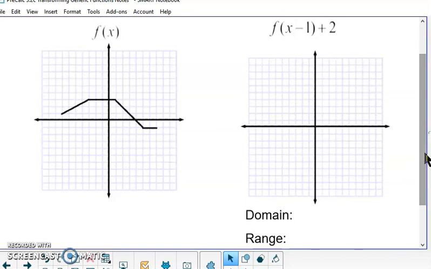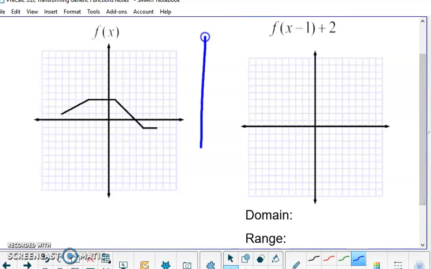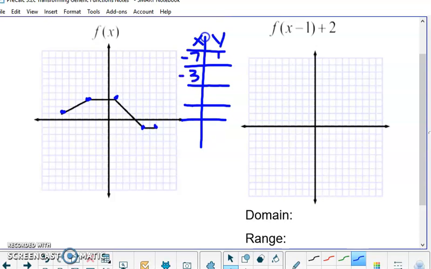Once again, we're going to take critical points, now this is the same graph. So it is negative 7, 1, negative 3, 3, 1, 3, 5, negative 1, 7, negative 1. This time, the graph isn't having any kind of a horizontal stretch or shrink, or vertical for that matter.